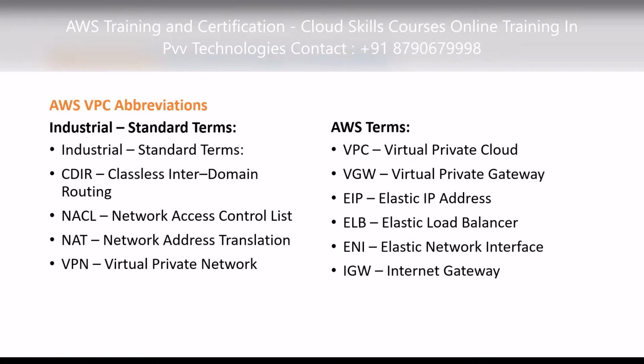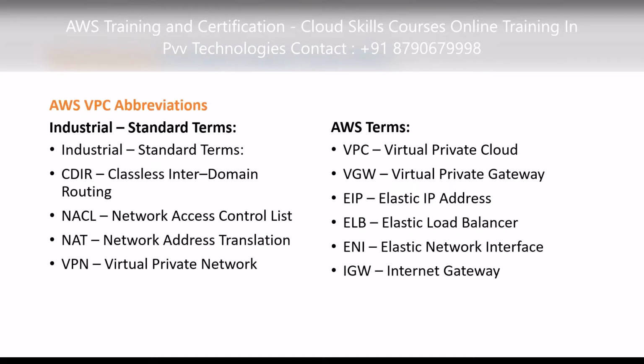And the basic VPC abbreviations, the standard industry terms and AWS terms we have seen in regular practice. CIDR, classless inter-domain routing.